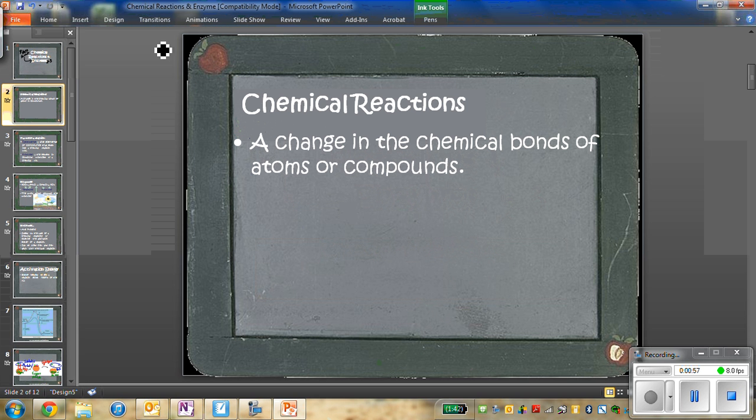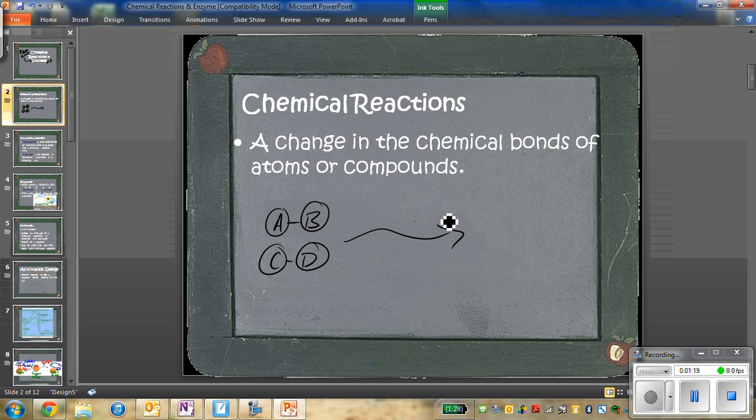A chemical reaction is a change in the chemical bonds of atoms or compounds. So if A is bonded to B, and C is bonded to D, and we're just using these as example molecules, the chemical reaction would change those bonds into these bonds.